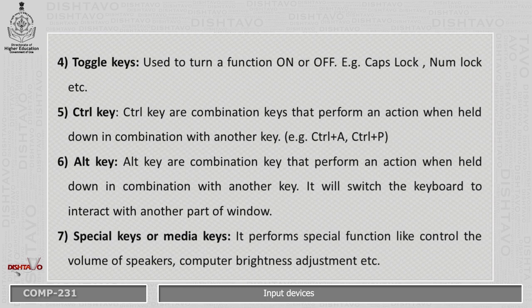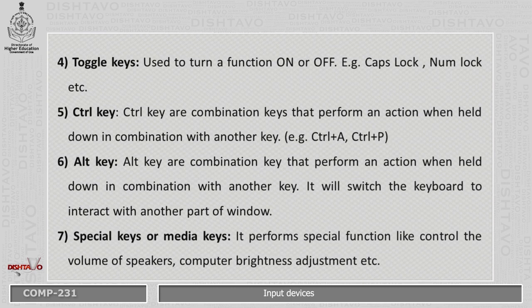Next, the control key is a combination key that performs an action when held down in combination with another key. Like with Control A, we can select the text. With Control P, we can print the document. Alt keys are the same, a combination key.